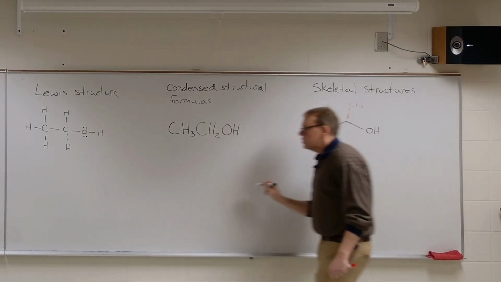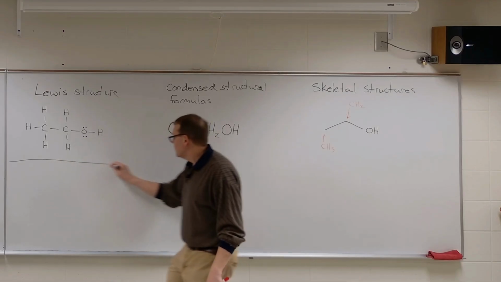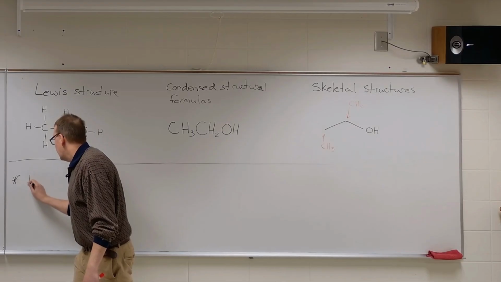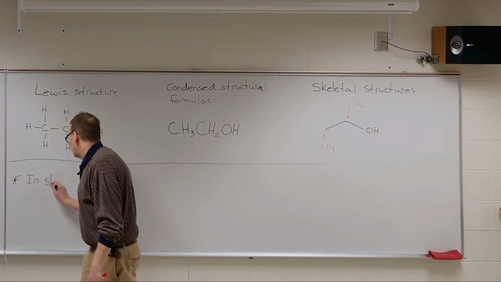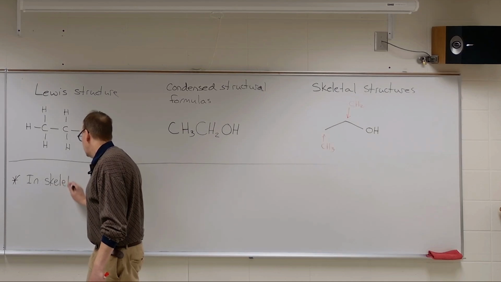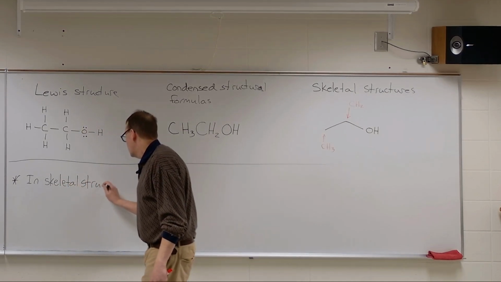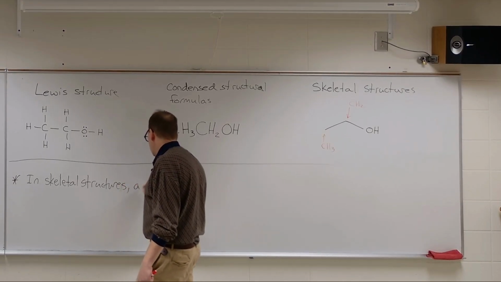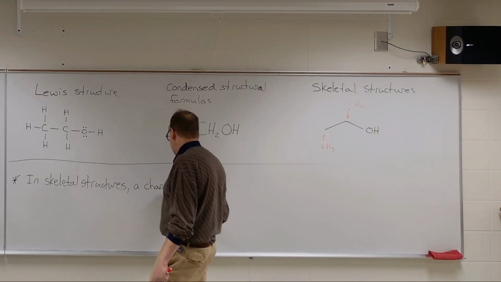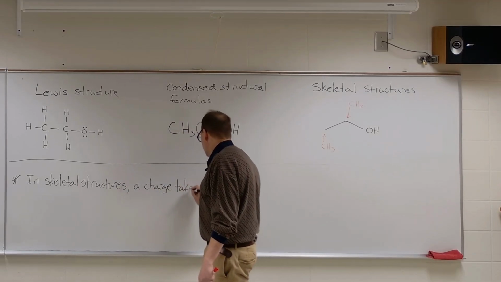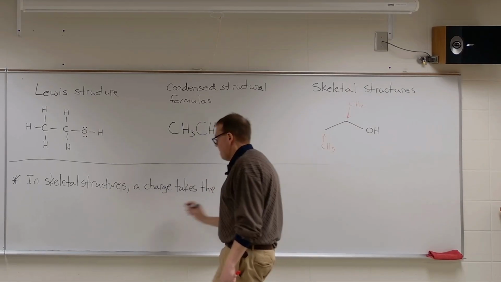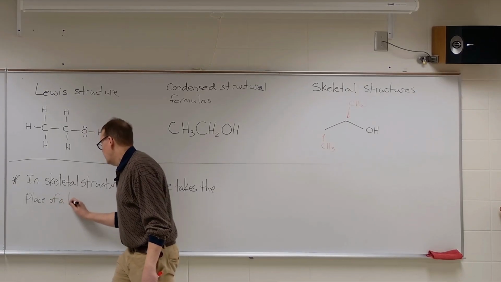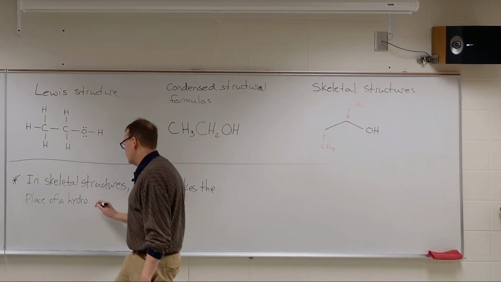How about handling charge? If you have a Lewis or a skeletal structure, continuing my notes about skeletal structures over here: in skeletal structures, a charge takes the place of a hydrogen, and it fills up one of the valencies on the carbon.